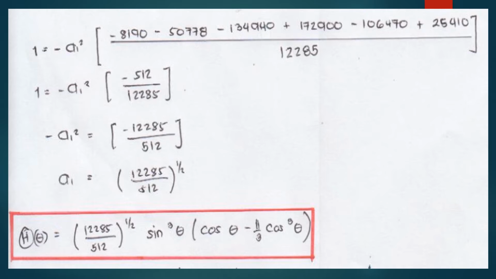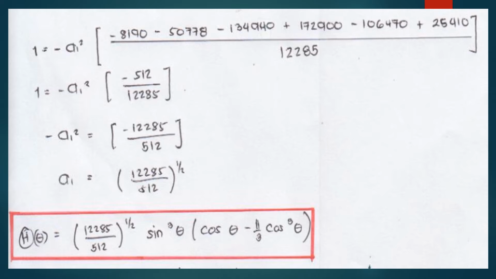Now 1 is equal to negative a1 squared times negative 512 over 12,285. Multiplying both sides by 12,285 will give us negative a1 squared is equal to negative 12,285 over 512.